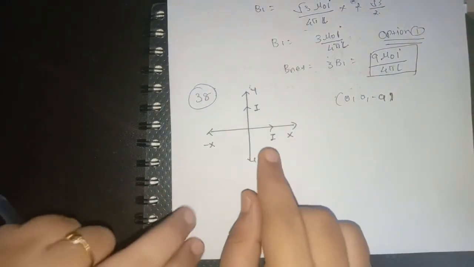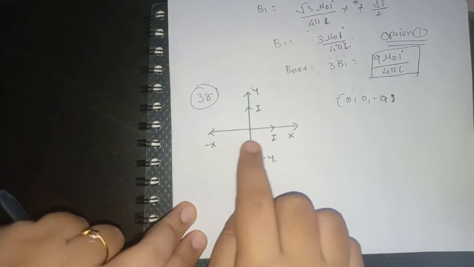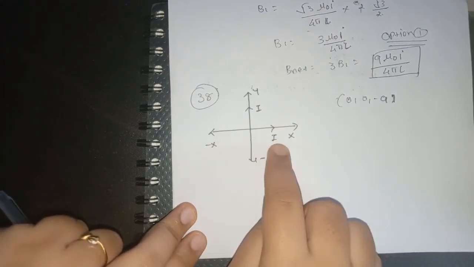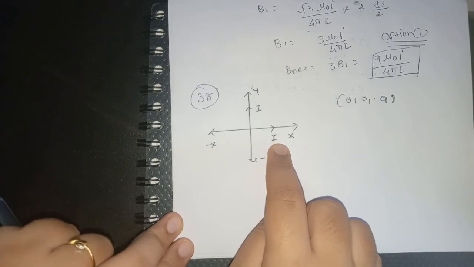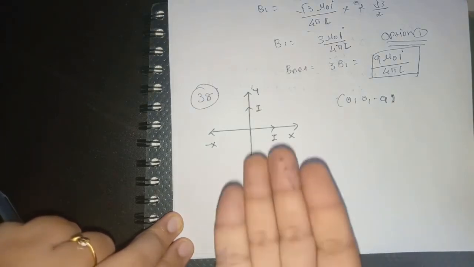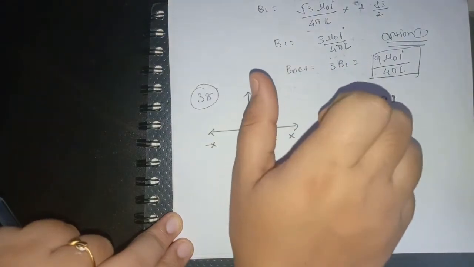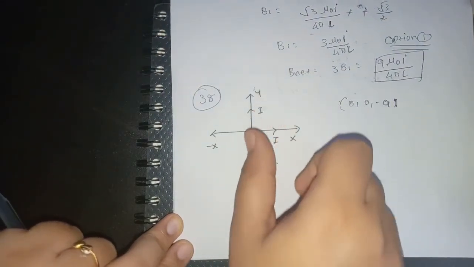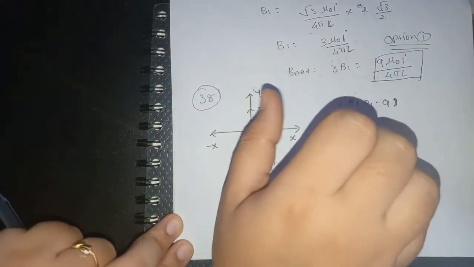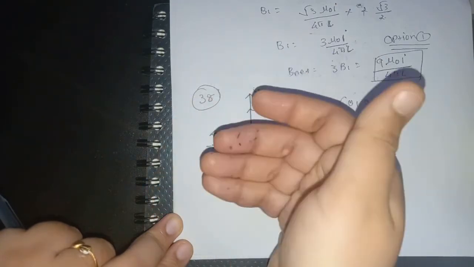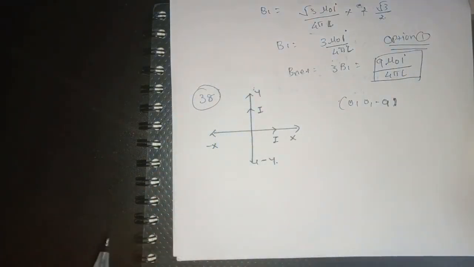The magnetic field due to current carrying conductor placed along positive x-axis will be in the positive y direction, and magnetic field due to the conductor along y-axis will be along the negative x direction.